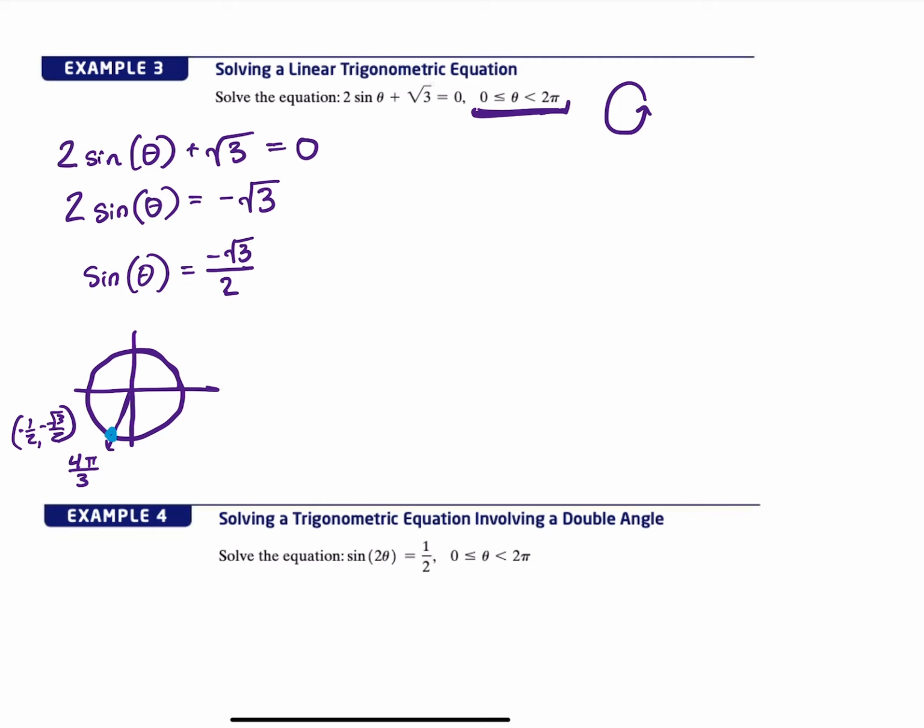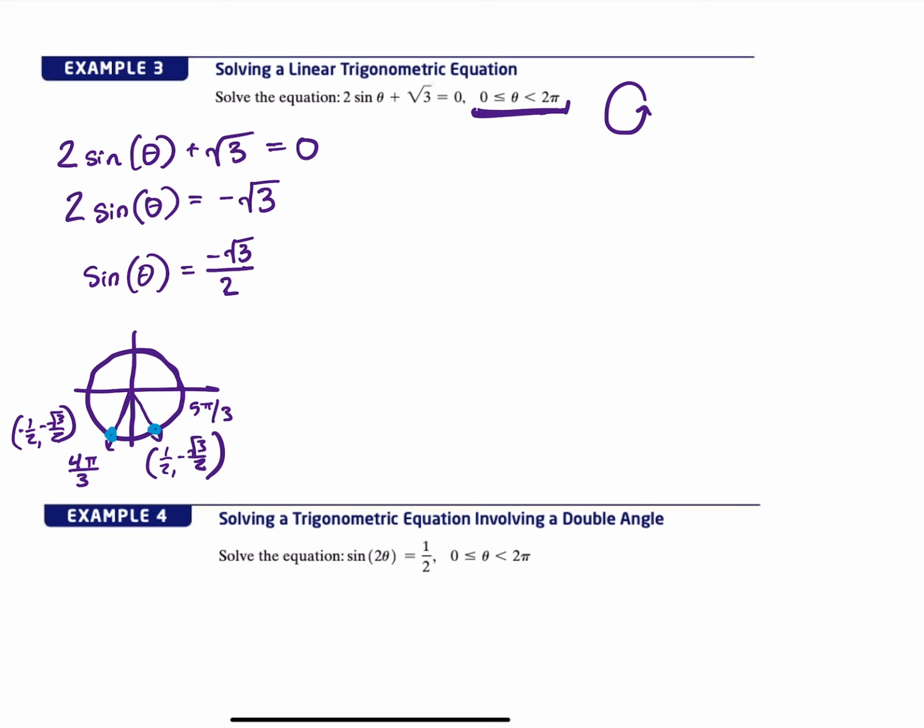And then there's another one in the fourth quadrant. This would be 5 pi over 3, which we saw from our last one. This has the coordinate point positive 1/2, negative root 3 over 2. They both have a sine value of negative root 3 over 2.